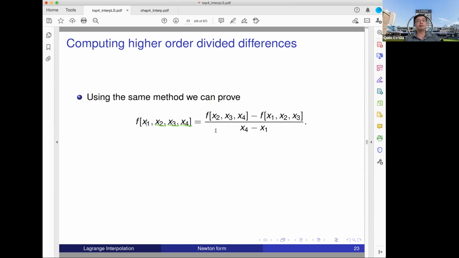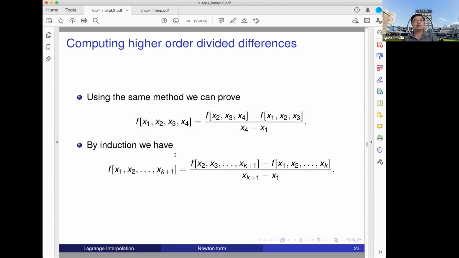And then by induction, you can prove the divided difference over k plus 1 points, so we skip that. And then by that, we have the formula for all the divided difference coefficients.